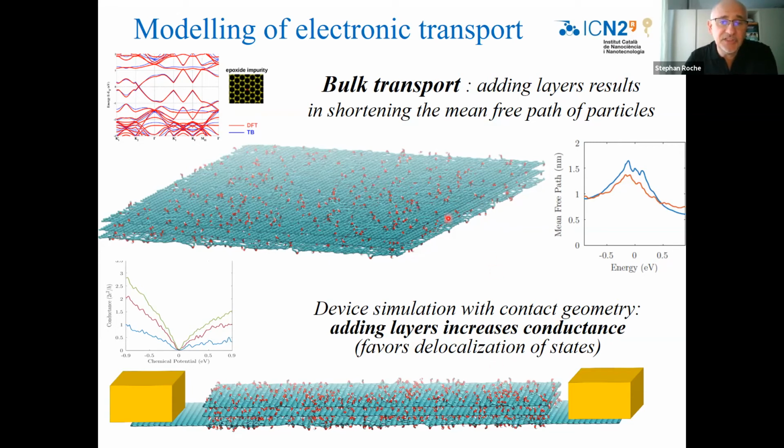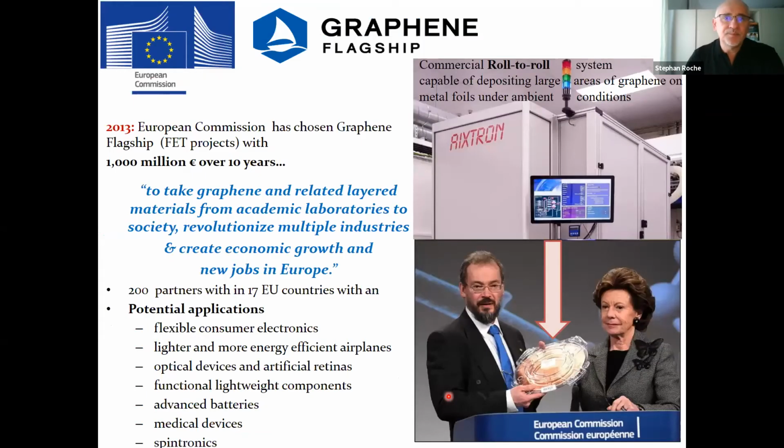So this is something which is a bit counterintuitive, but it is really related to the fact that the contact geometry in a composite, where you have flakes that are not all connected to the source and drain, brings an additional complexity which can be unveiled through the simulation.